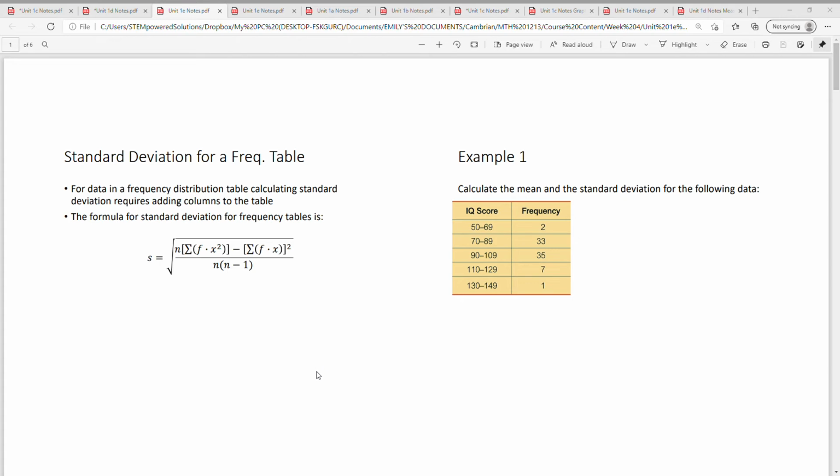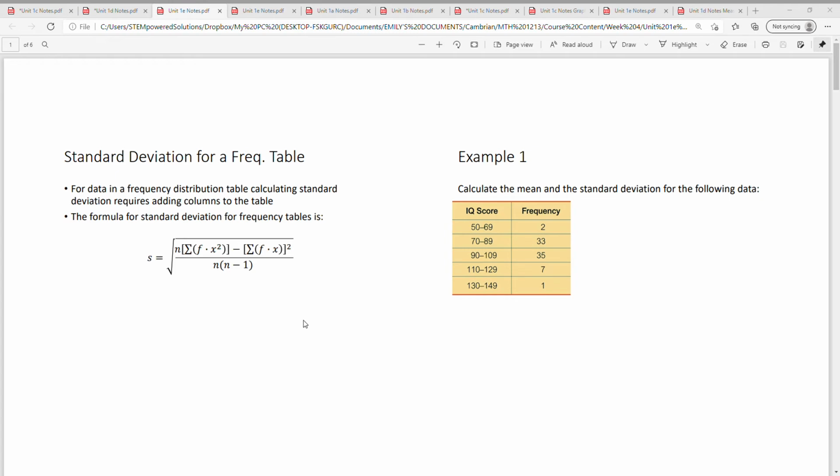The next one is 110 plus 129 is 239, divided by 2 is 119.5. The next one is 130 plus 149 divided by 2 is equal to 139.5. So that's how we find the midpoint, or what x is equal to.